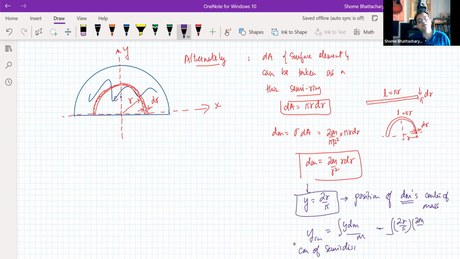which is 2m by capital R square into r dr. Okay. Just a small correction here, this should be capital R square. Capital R is the radius of the semi-disk. Small r is the radius of the semi-ring, the differential element that we're taking. So anyway, what about the limits now? The limits will be taken from the smallest ring at the center to the largest ring at the circumference.